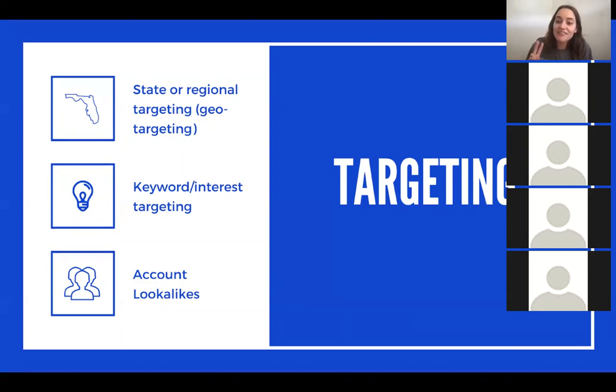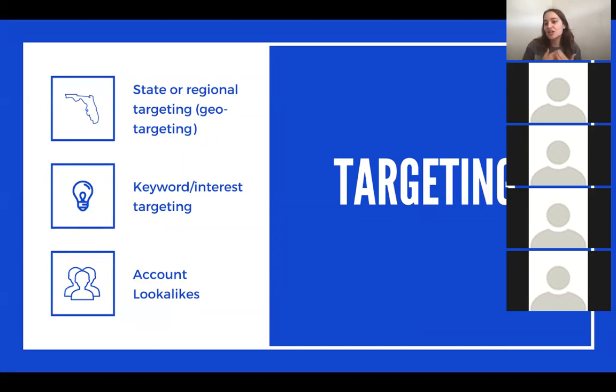But two ways that I have found really, really helpful most recently are keyword and interest targeting and account lookalikes. So keyword and interest targeting is basically getting your message in front of people that are more likely to engage with it. One way that you can do this is you can say, I want people to see this post that are really into college and voting and maybe people who are in the STEM community.